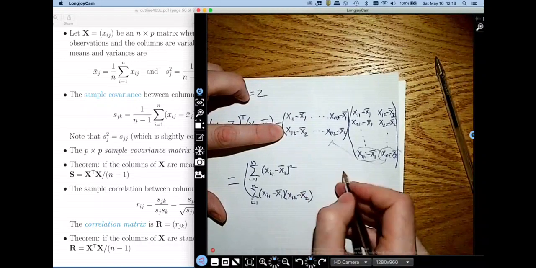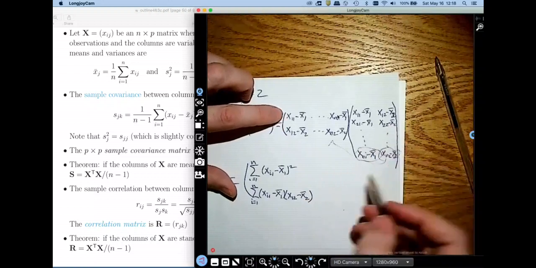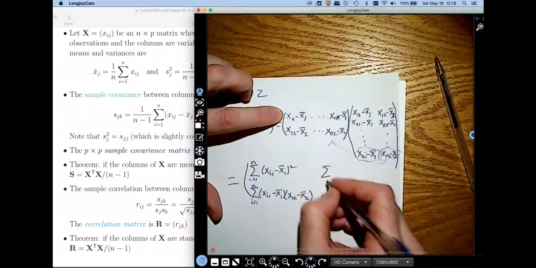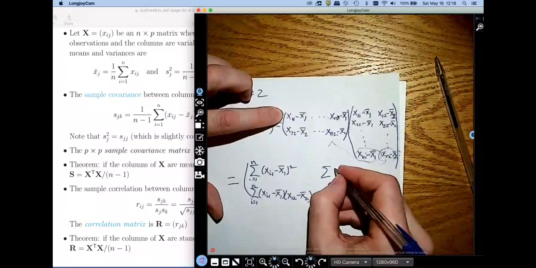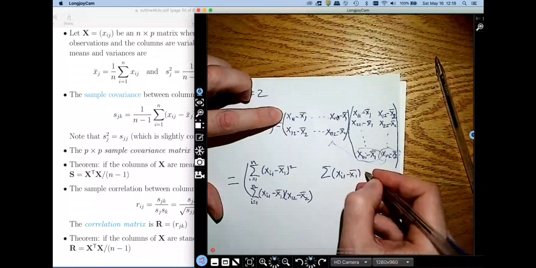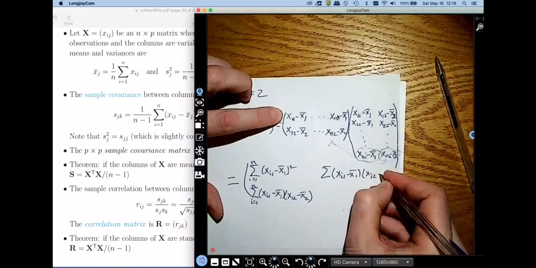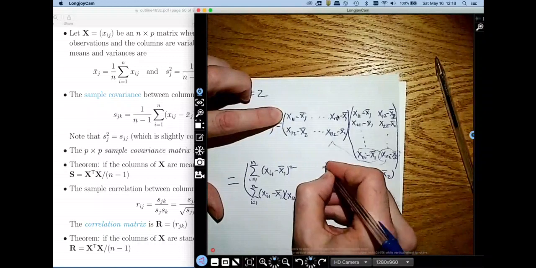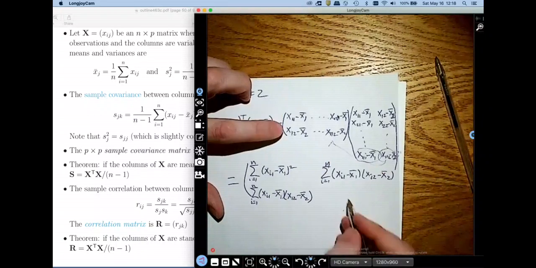If I do the other top one, that would be this times this, and I would get the sum of xi1 minus x bar 1 times xi2 minus x bar 2. And again, my subscripts go from 1 to n. Then what is this bottom entry?